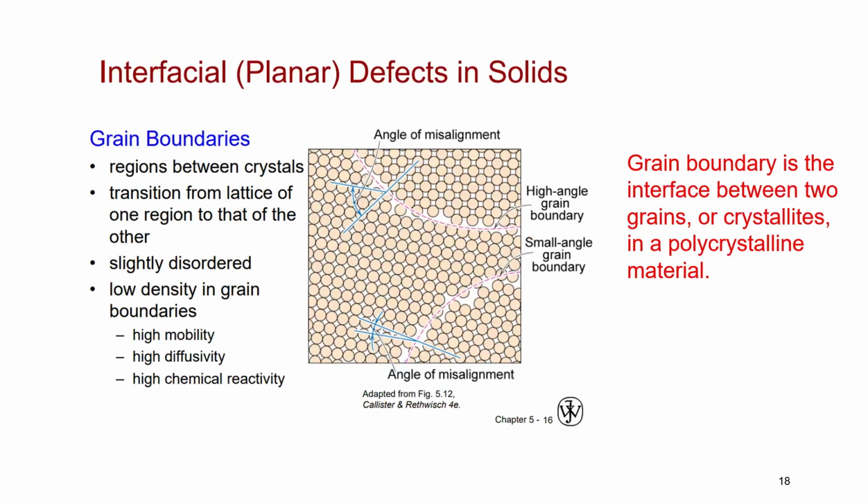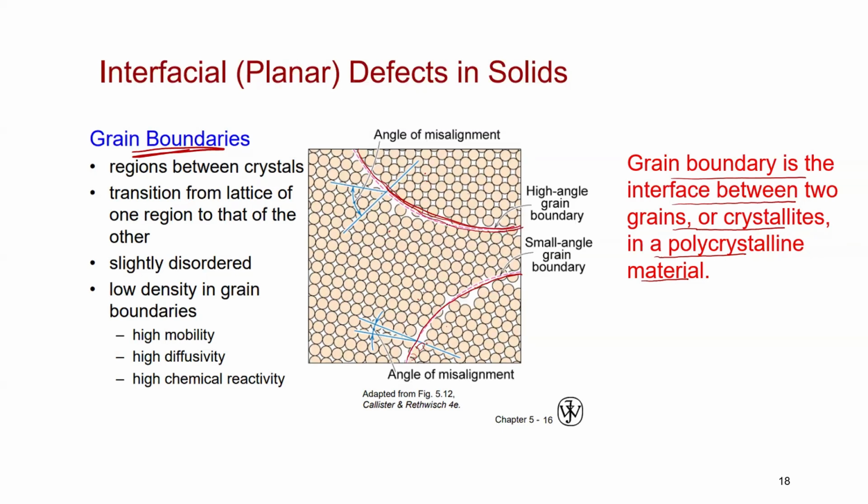Another one is the grain boundary defect. You can see these are the grain boundaries. A grain boundary is the interface between two grains or crystallites in a polycrystalline material. You can see the alignment is changing between two grains.